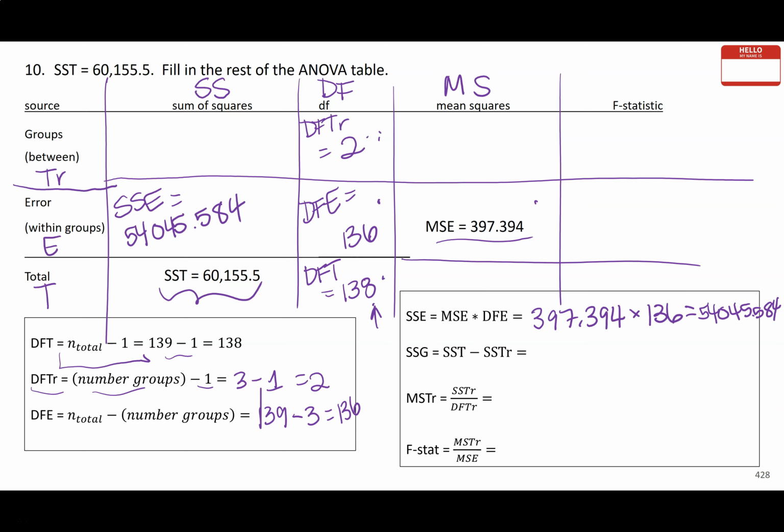And then what's cool is I know my sum of squares total minus my sum of squares error gives me my sum of squares treatment. So sum of squares treatment, that's going to be 60,155.5 minus that 54,045.584.